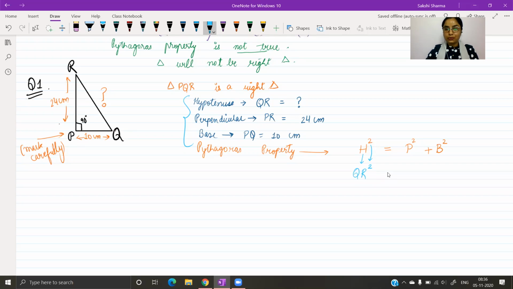I'm using the name. H is QR, and the square on top will remain as it is. Don't forget it. Tell me the name for P now. Perpendicular. PR, and this also has a square. Plus, now tell me the name for the base. PQ, and this also has a square.